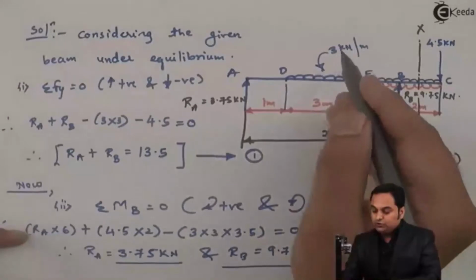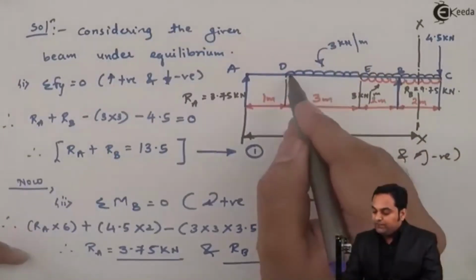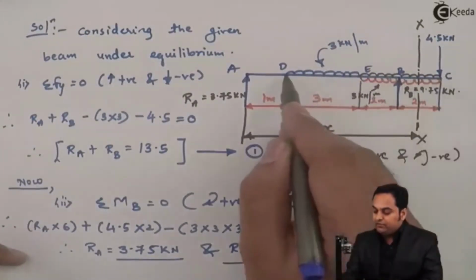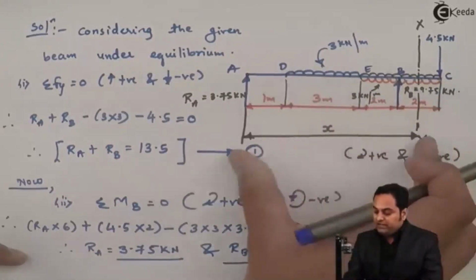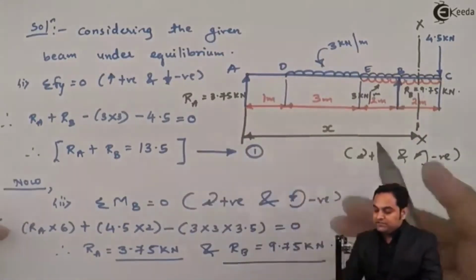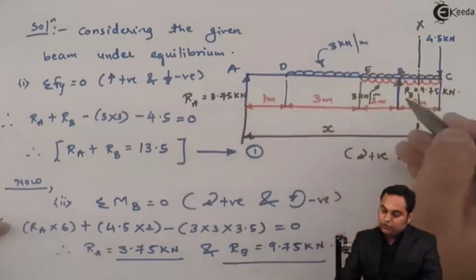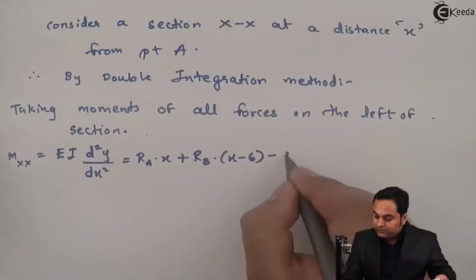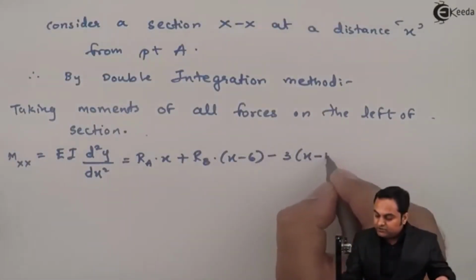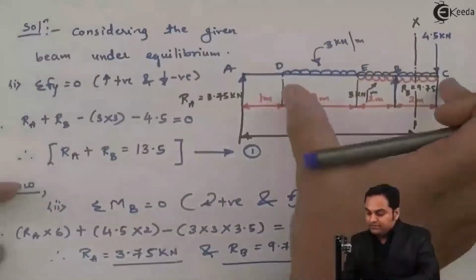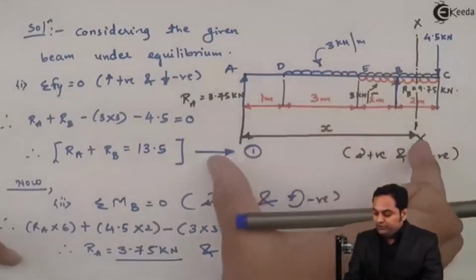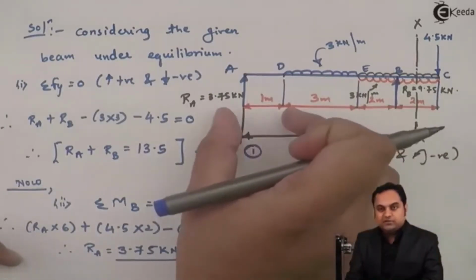Next we have this UDL which is there on the upside of the beam between D to C. So it is at X minus 1 distance. So I'll say that it is producing anti-clockwise moment. So minus 3 into X minus 1, that is, I have converted the UDL into point load by multiplying it with X minus 1.